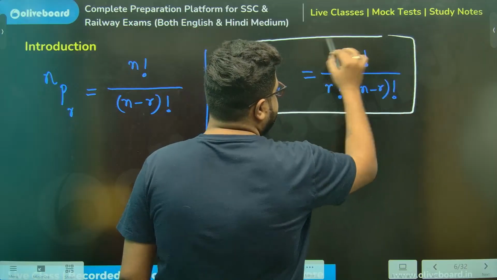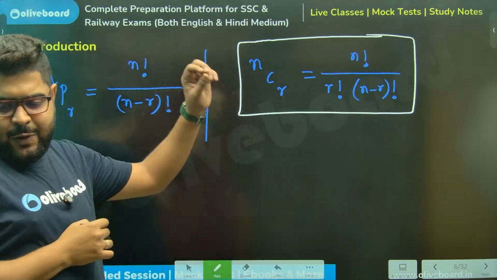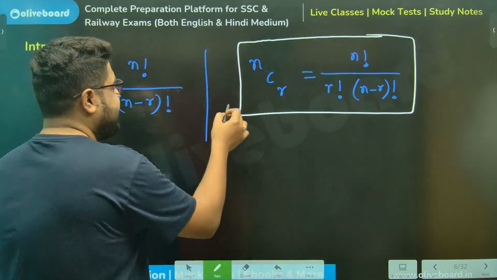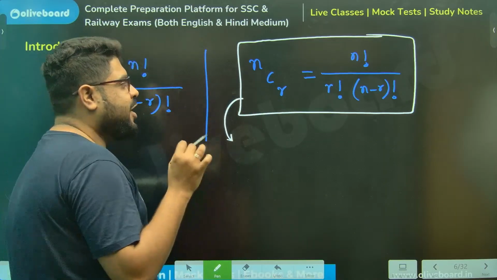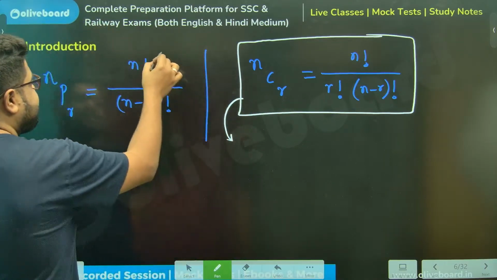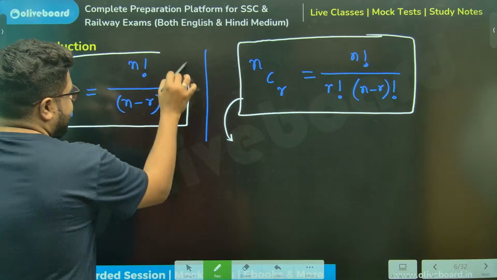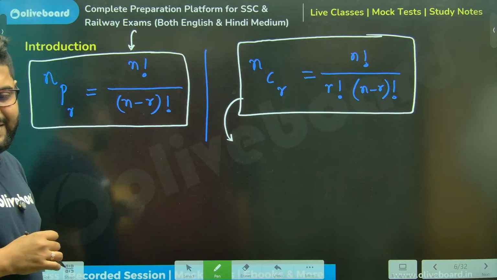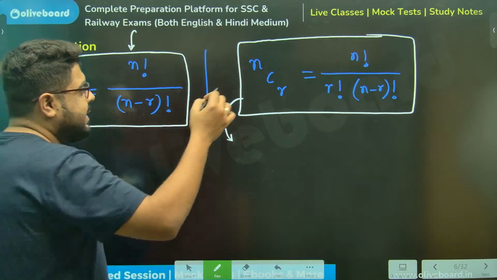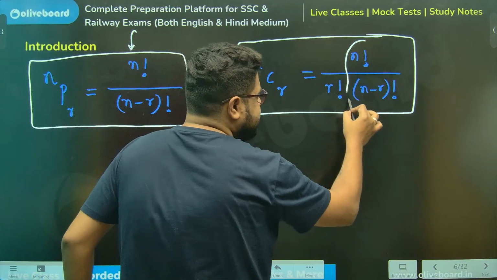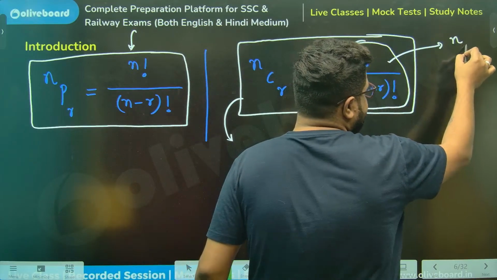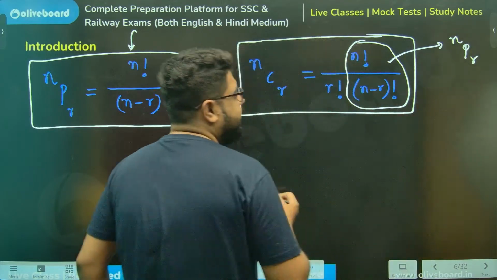This is your combination. Now, if you look at this with a detective eye, you will say, अरे ये तो बहुत ही simple चीज है. You see, this part, sir, is nothing but NPR.